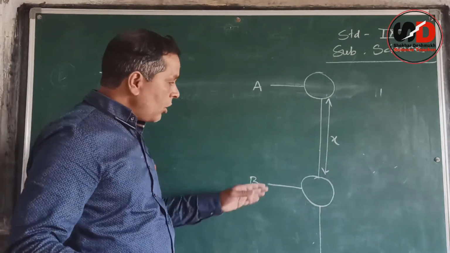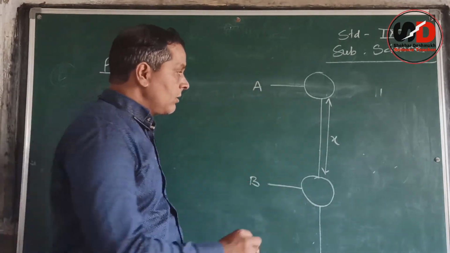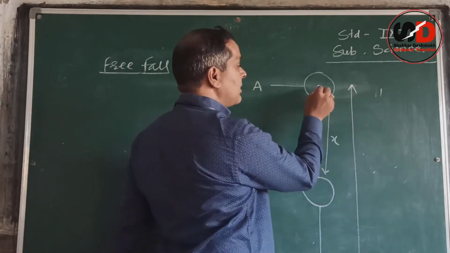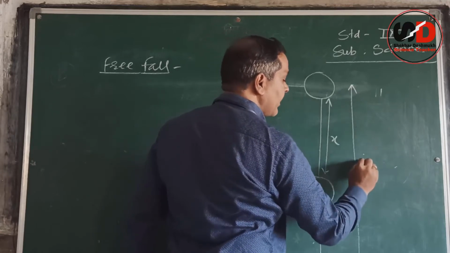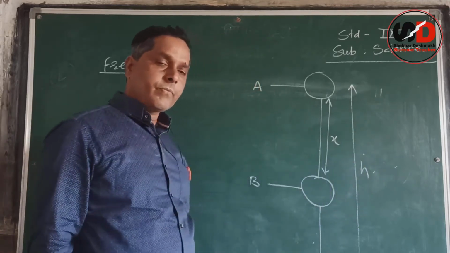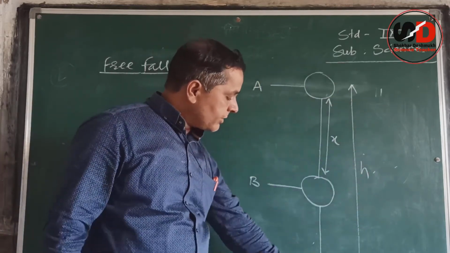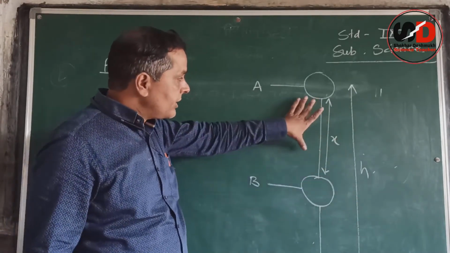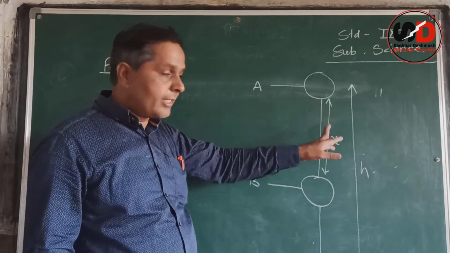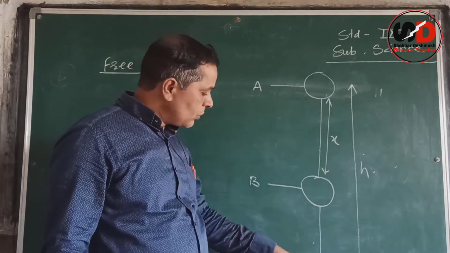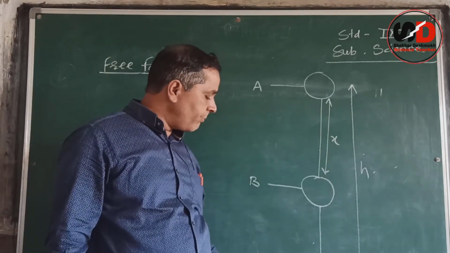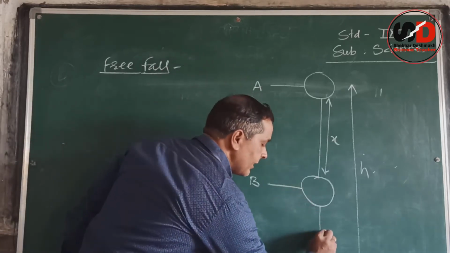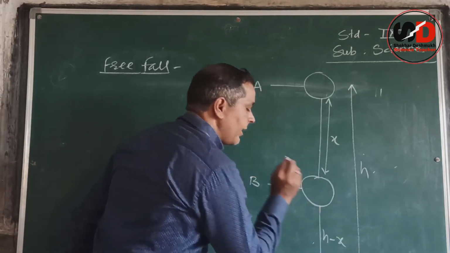So the object is falling down. Suppose the total distance it covered, that means the object is placed at height h. This much distance is h. Between A and C position, the distance is h. The A and B distance is x. So, can you calculate the distance between B and C? Easily we can calculate. It is h minus x.